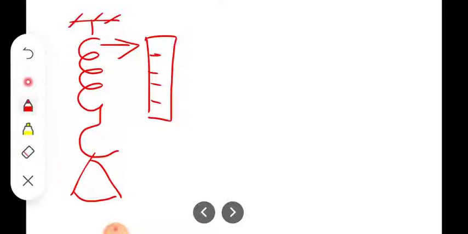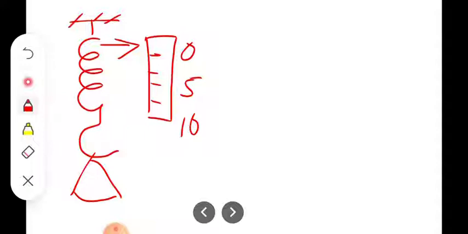On the scale there will be 0, then 5 and 10 kg, likewise. I have just taken this for the explaining point of view. Here the pointer will start from 0 to 10 kg.